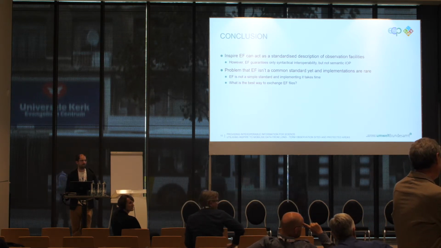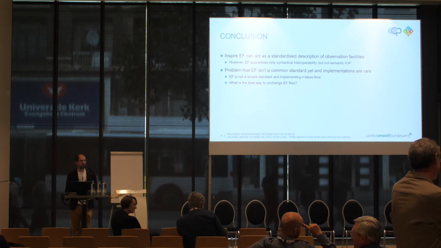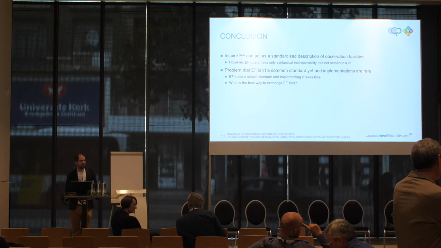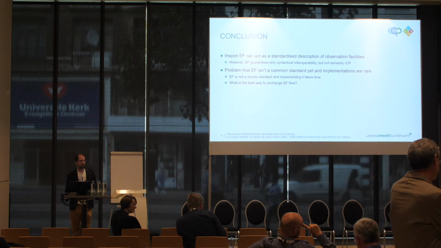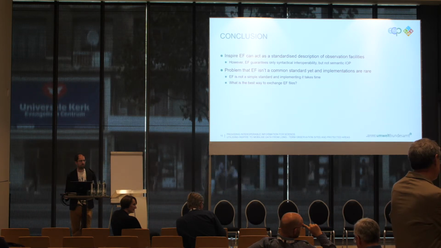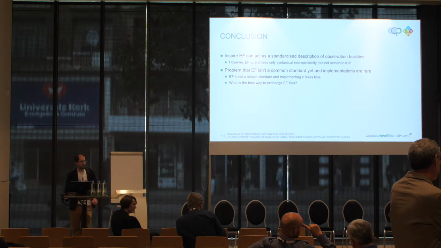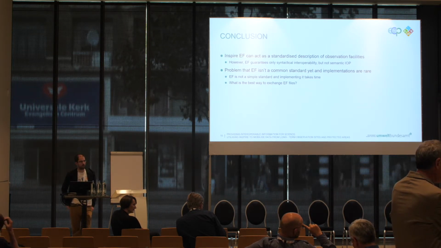I think we had a presentation before that where we had a good example how important these informations about measurements, about the facilities are, if you want to combine data from different sources.